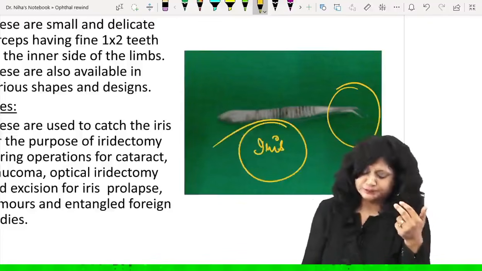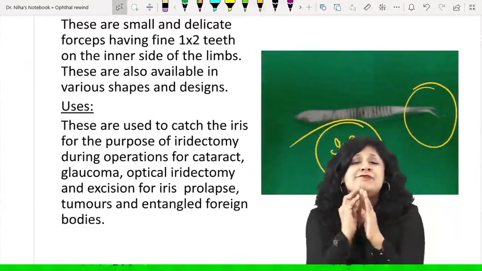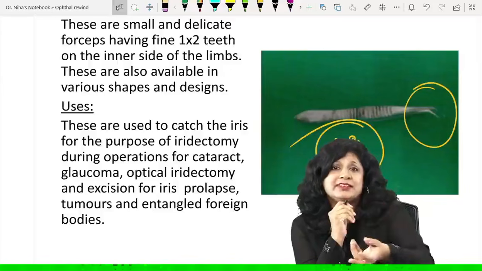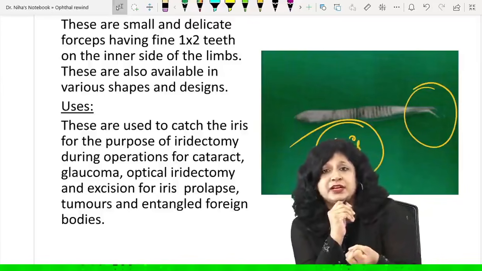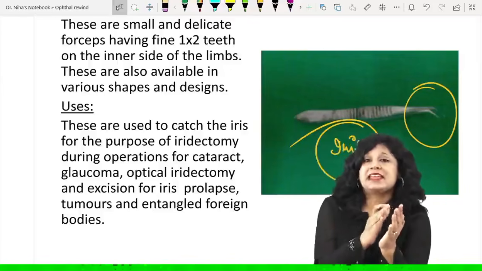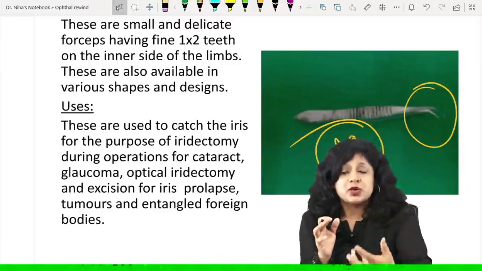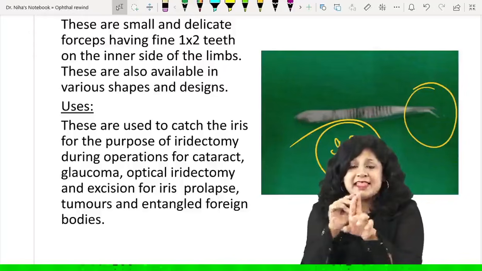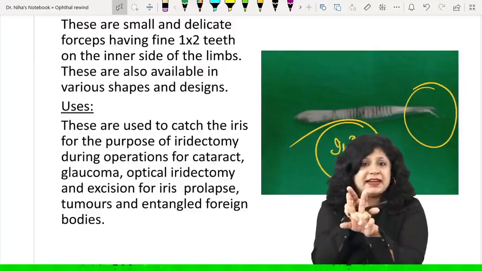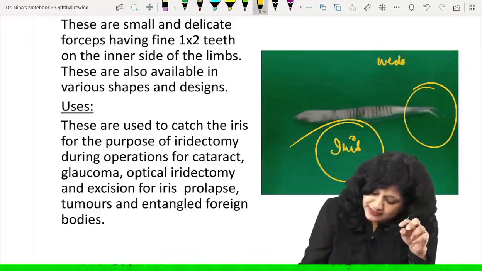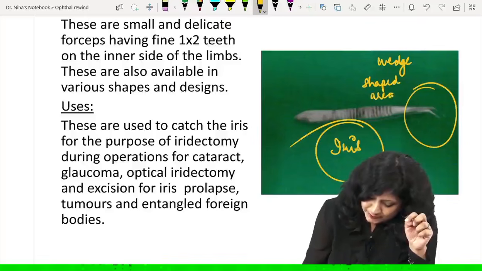Okay, so this is having very fine tools, because at times we require the teeth for holding the iris, but at the same time they should not be very large, so that you do not cause trauma to the iris, and they are again having a spring action. Okay, so this will help me in the cutting of the wedge shaped areas.